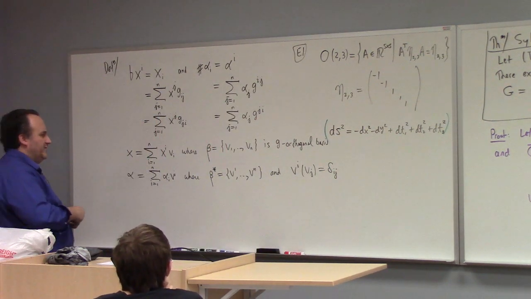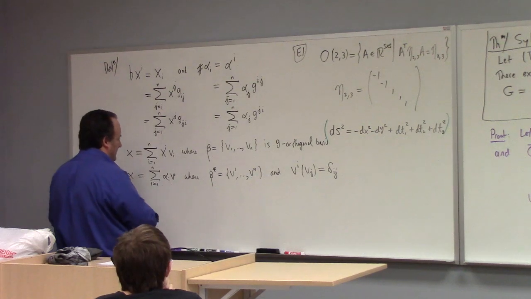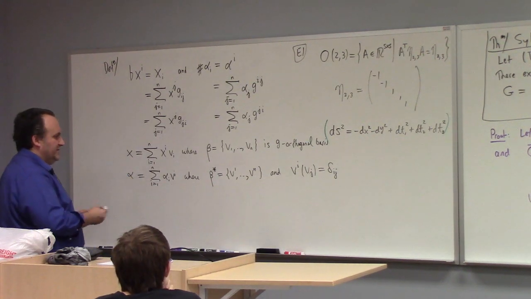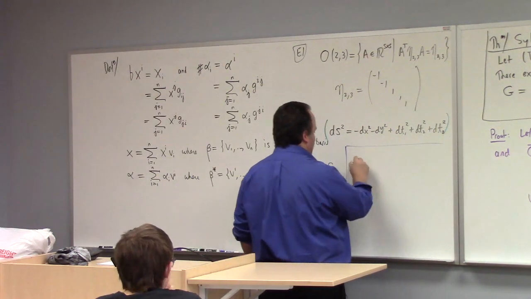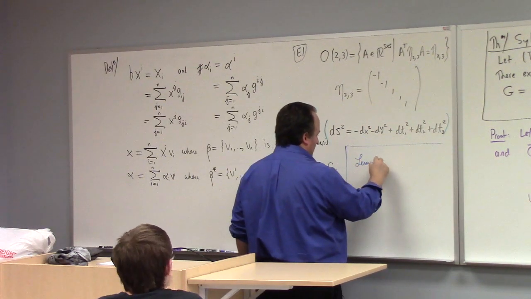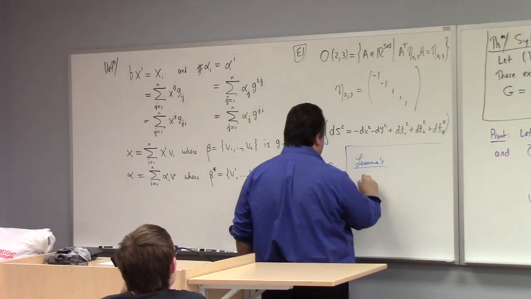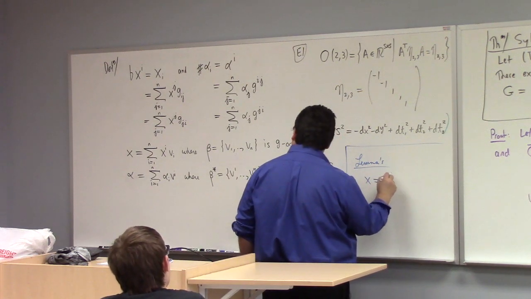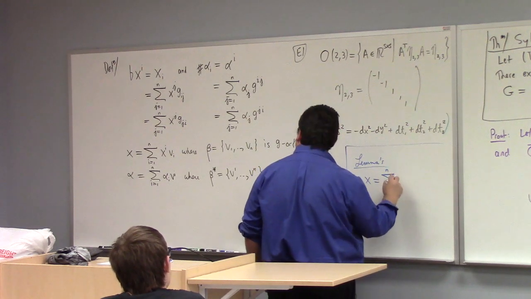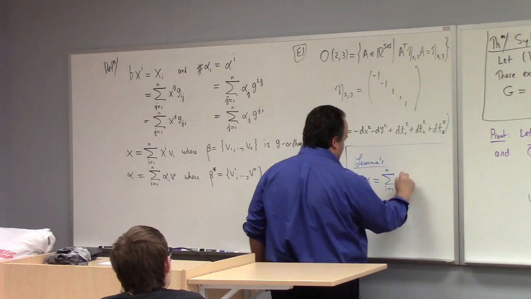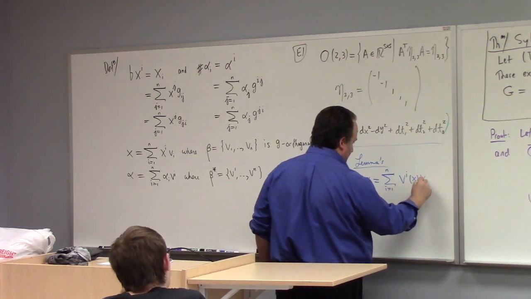Let me refresh your memory about some previous lemmas we worked out. For one thing, we could write x as the sum i equals 1 to n of v upper i acting on x times v lower i.